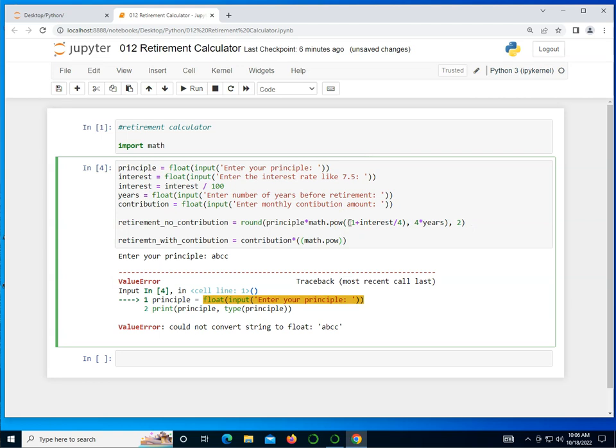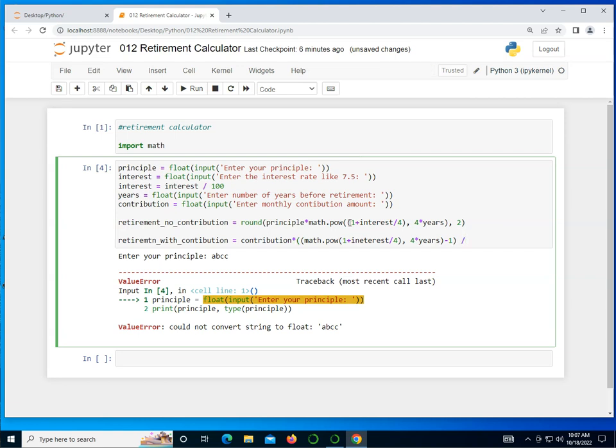So math.pow for exponentiation: 1 plus interest divided by 4 as before, and this is going to be 4 times years. Outside we're going to do a -1 and then divided by.